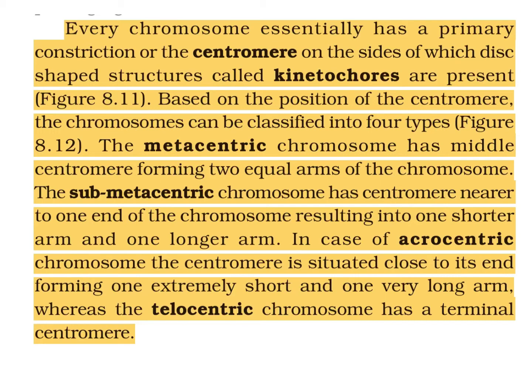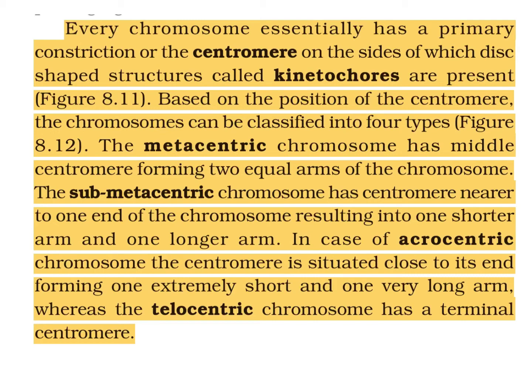A submetacentric chromosome has the centromere nearer to one end, which results in one shorter arm and one longer arm. In an acrocentric chromosome, the centromere is situated just close to one end, so an extremely short arm and a very long arm are formed. Lastly, a telocentric chromosome has a terminal centromere, so the arm is present on one side only.